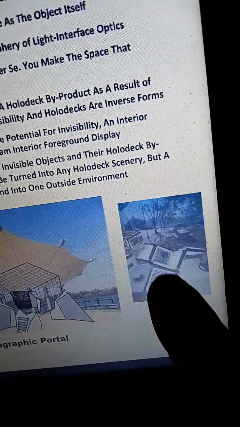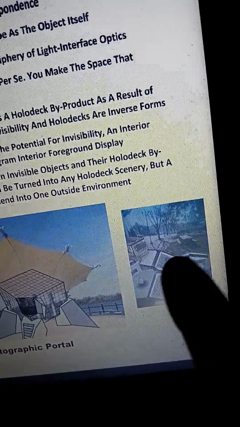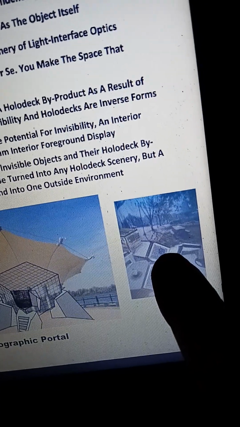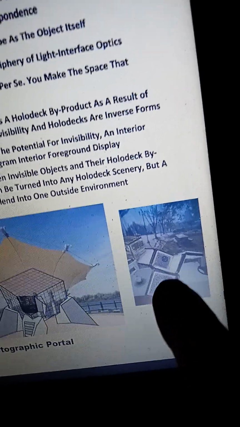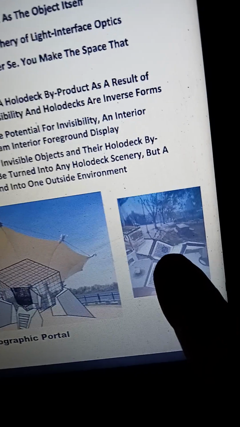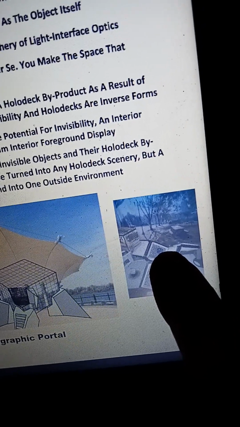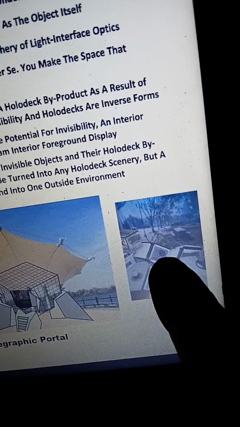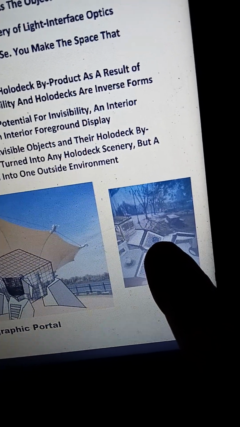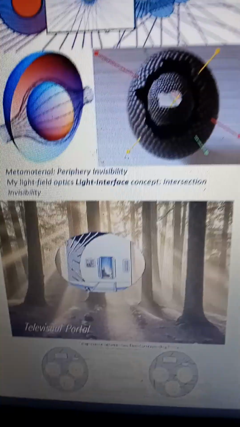It would contain a photographic cloak on the outside, a photographic holodeck backdrop inside, and a foreground hologram inside, not an invisible object.